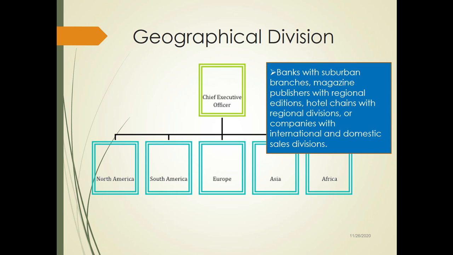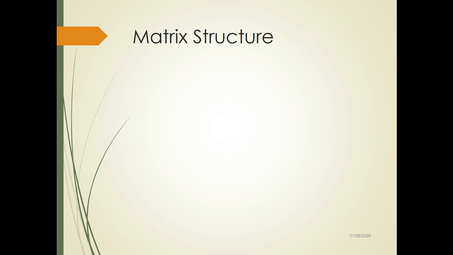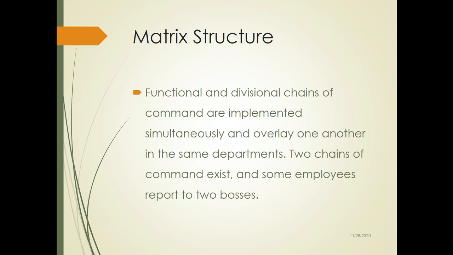A matrix structure, on the other hand, is where functional and divisional chains of command are implemented simultaneously and overlay one another in the same departments. So two chains of command exist and some employees report to two bosses.